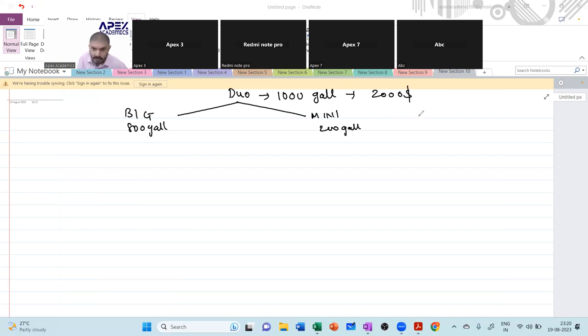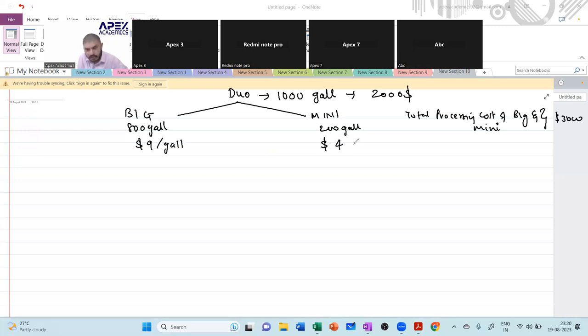There is a total processing cost of big and mini is $3,000. 800 gallons at the rate of $9 per gallon and 200 gallons at the rate of $4 per gallon. This is the given selling price. Now, this big can be made into giant. This big can be further processed into giant.